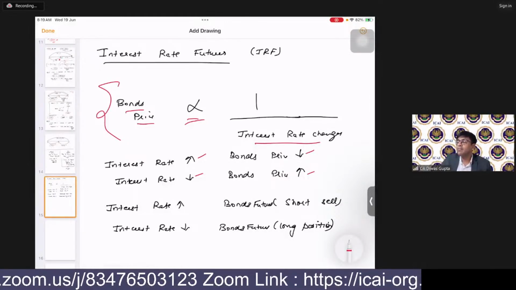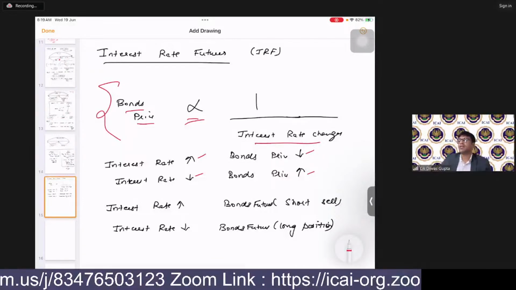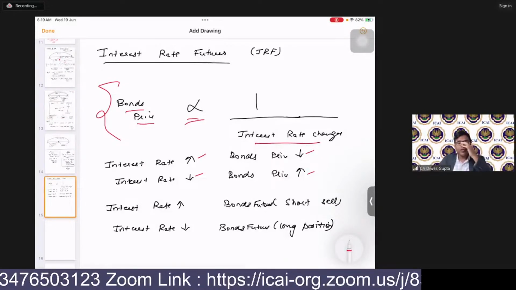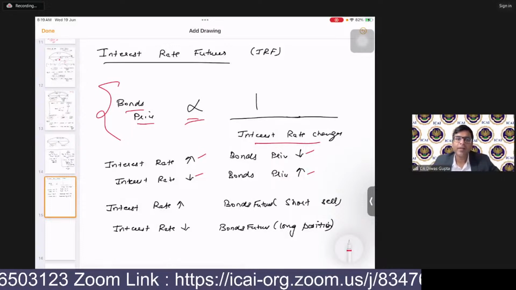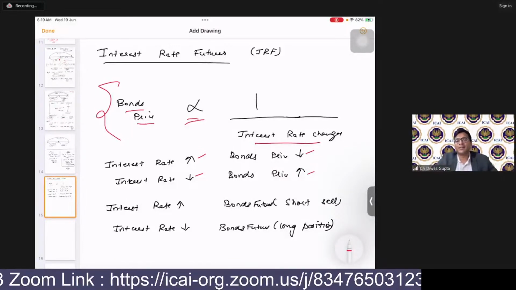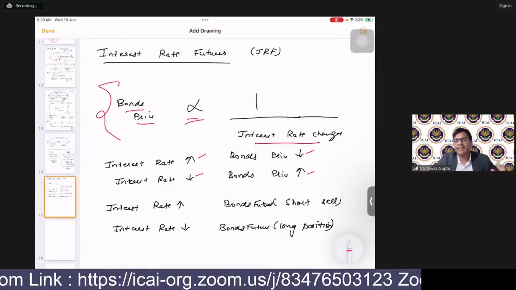Now, why are we bringing out the bonds discussion here, students? Some of you might be thinking, we are talking about interest rate futures. What are bonds doing here? Now, let me tell you the way interest rate futures works.